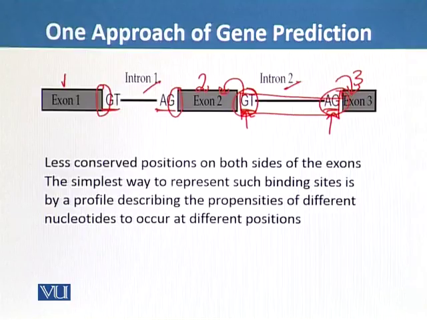For the less conserved positions on both sides of the exons, the simplest way to represent such a binding site is by profiling, describing the properties of different nucleotides to occur at different positions.